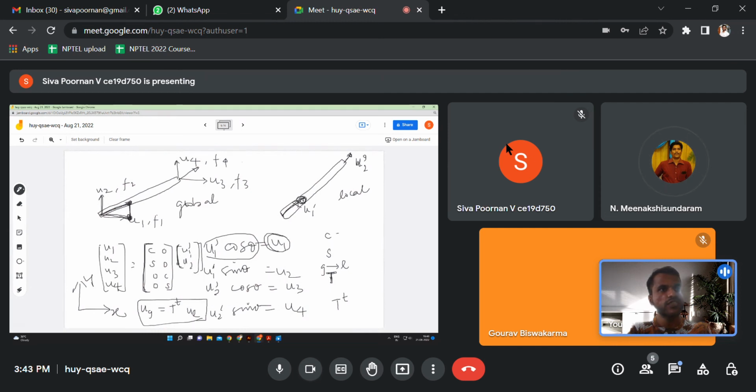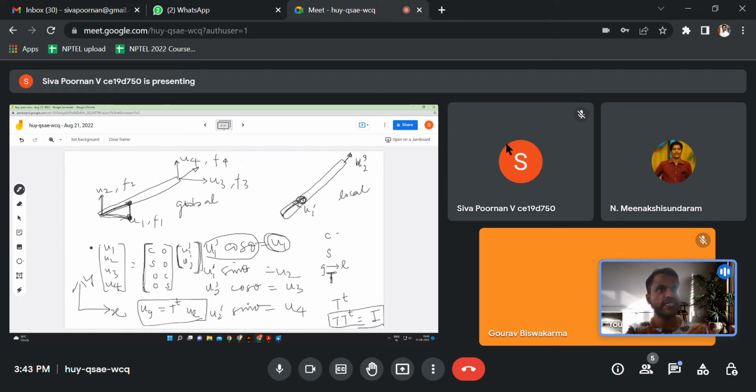Once we do this, now it is very simple, right? Because once u1 dash and u2 dash are known, how do you find them? It so happens that t transpose times t happens to be identity. The transformation matrix is also an orthogonal matrix. So basically we can multiply t transpose on both the sides.